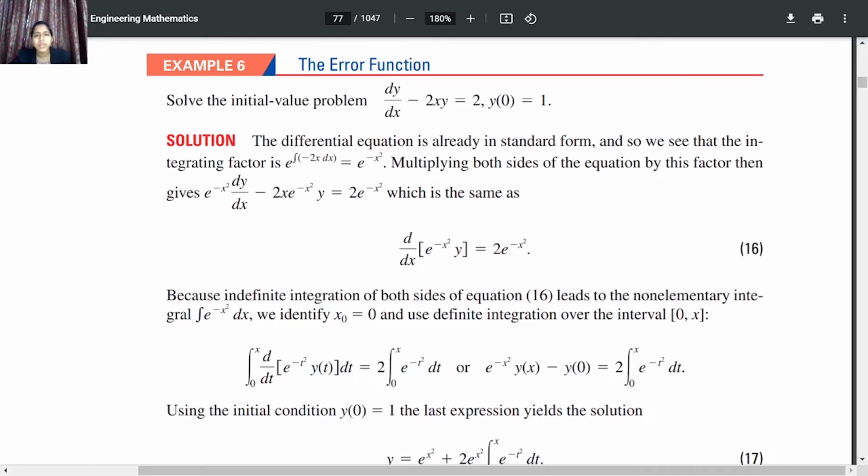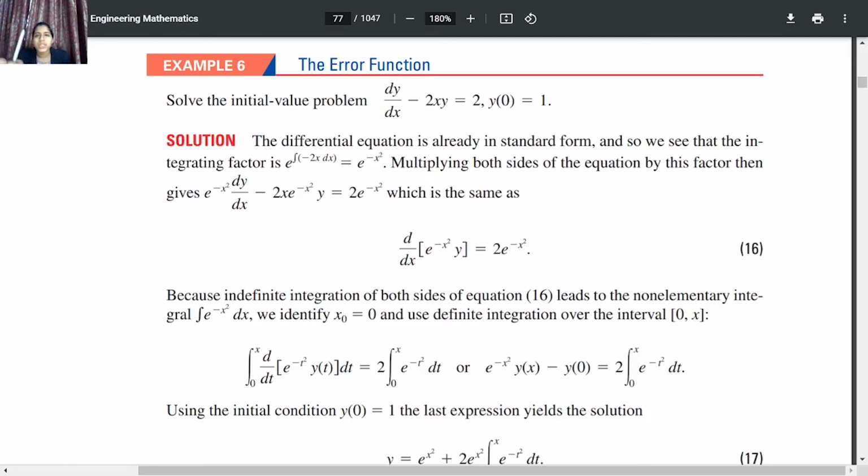So the solution will be y into e raised to minus x square, which will be equal to integral of 2 into e raised to minus x square dx. So here you can see one thing, that the right hand side will be 2 into integral of e raised to minus x square dx.